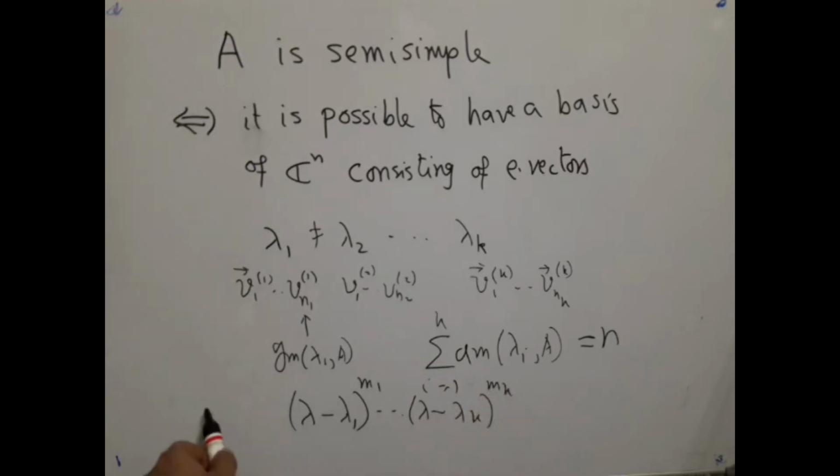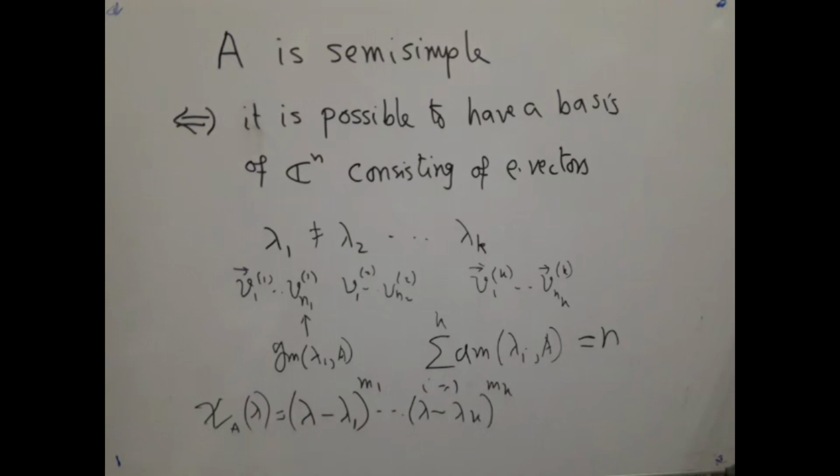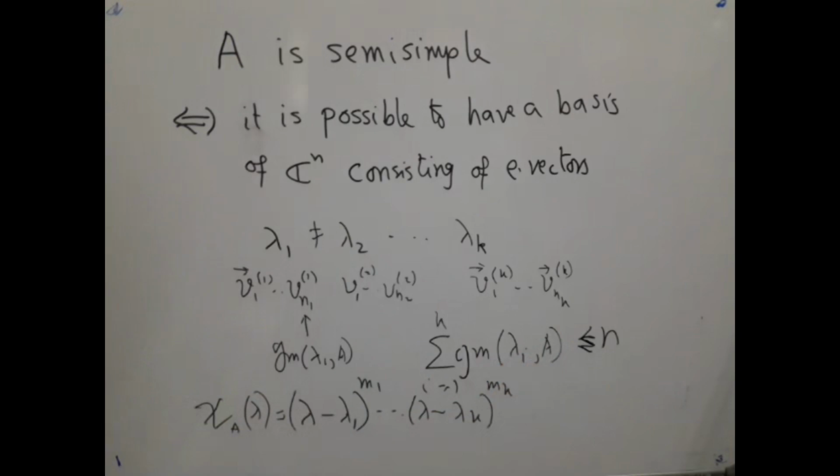That is the characteristic polynomial of A, and since this must have degree equal to n, we must have summation mi equal to n. That is, algebraic multiplicities will definitely add up to n, but geometric multiplicities are less than or equal to algebraic multiplicities. So in general, all that you can say is that this will be less than or equal to n.